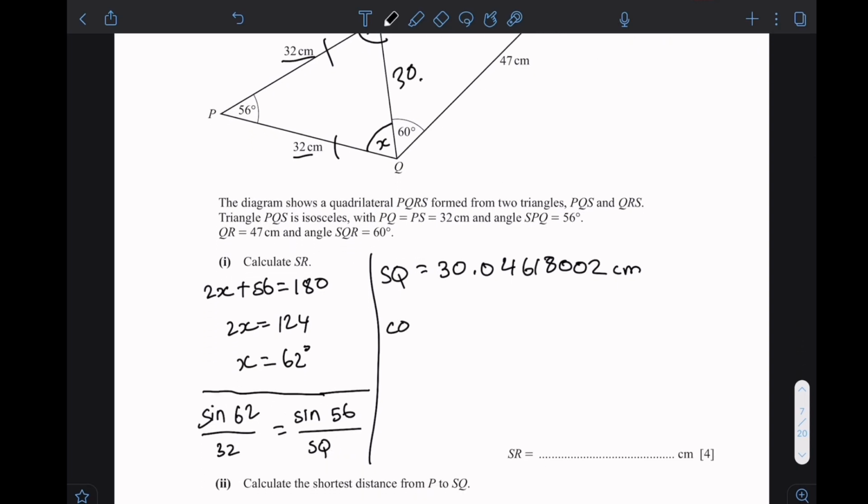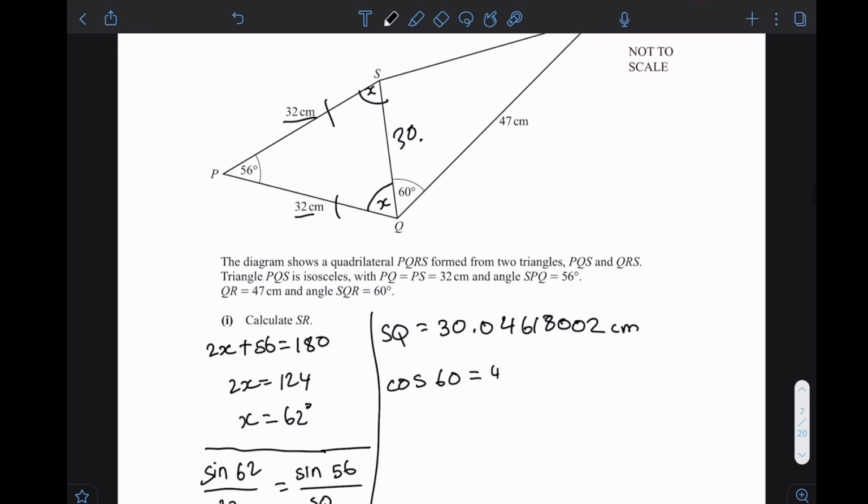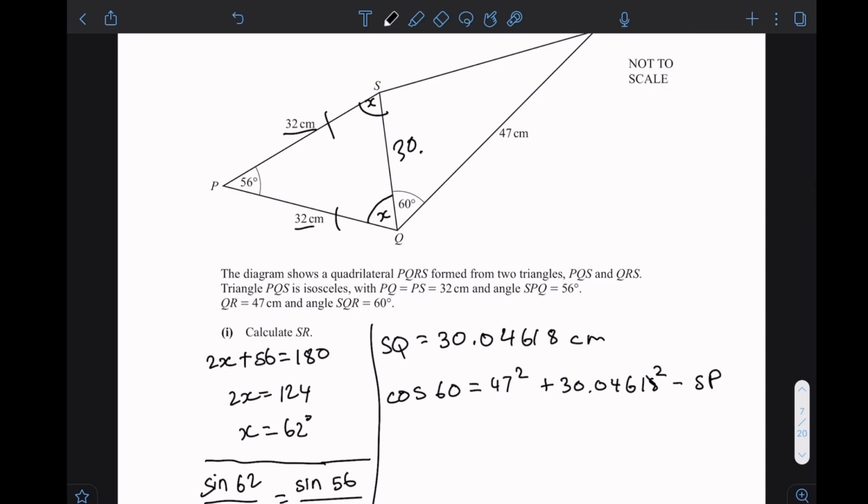And now you do cosine rule, so cos 60 is equal to 47 squared plus 30.04618 squared minus SR squared, divided by 2 into 47 into 30.04618.